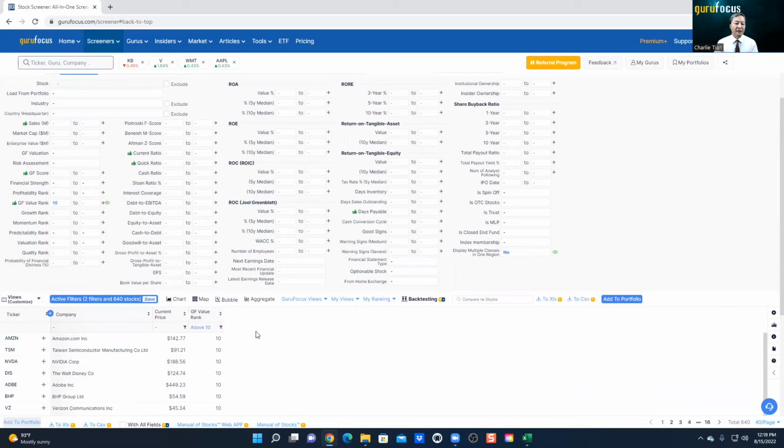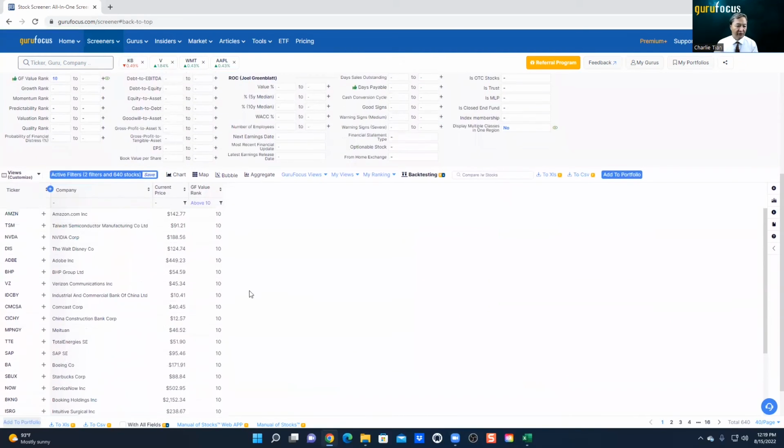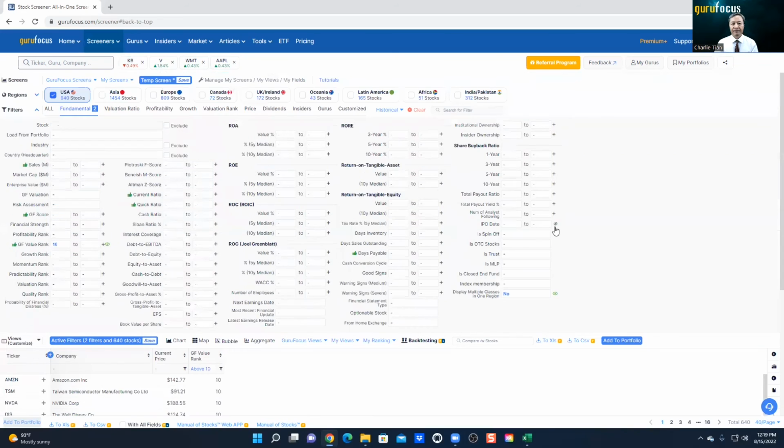They are close to an optimum point. And some familiar names here, if I just do some filter: Amazon seems to be a very good valuation at this point, Taiwan Semiconductor, NVIDIA, and Disney. That's interesting. And that's about the GF Value and the GF Value Rank.